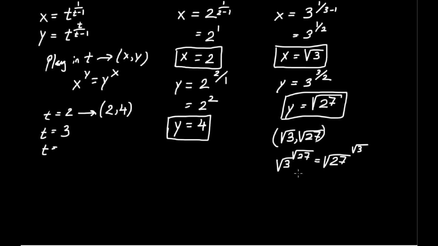So this is pretty interesting, and you can do the calculation here if you want to convince yourself. But we've just shown algebraically that this has to be the case, and that this is another interesting pair of numbers which commutes under exponentiation. So I'll write that in there. Square root of 3 and square root of 27. Those two will commute under exponentiation.